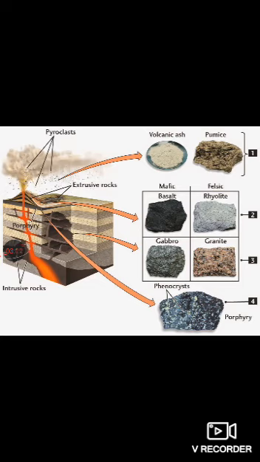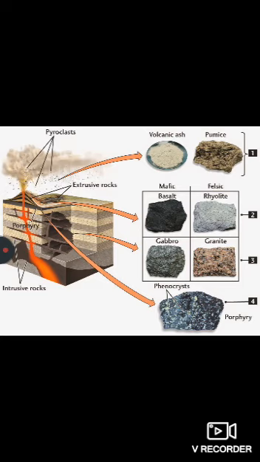And intrusive igneous rocks are of two types: plutonic rocks and hypabyssal rocks. The deep-seated rocks are called plutonic rocks, and the ones formed at shallow depths are called hypabyssal rocks.